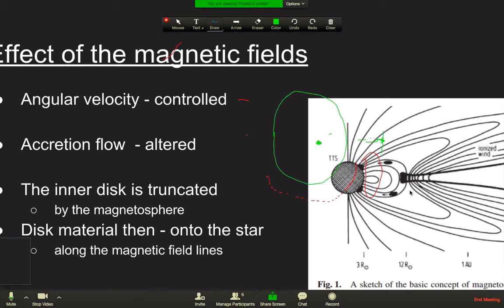It's called the corotational radius. So then you have all this concentration of field lines here. Can you see that? All pinched, all concentrated. So the flux is pretty high at this location right here. And because of that, the field becomes efficient enough to drag material out and shoot it towards the central star.